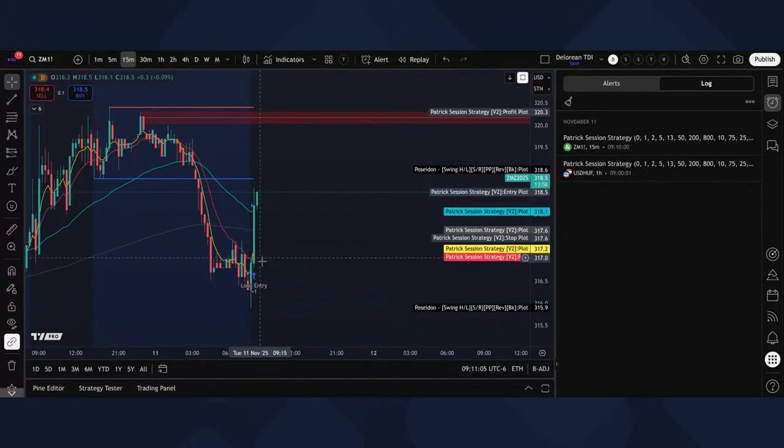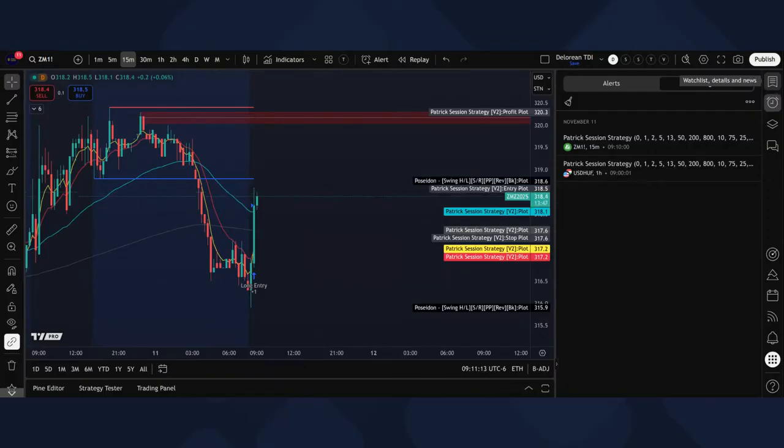We want price to fall back to us. We'll park here for the moment since this is going to be the next call that we take, about 13 and a half minutes from now.